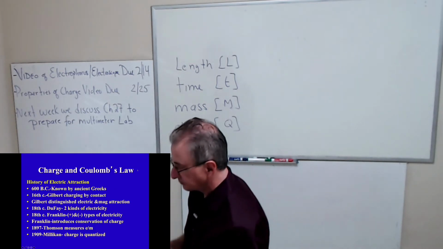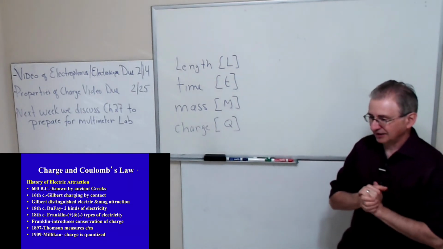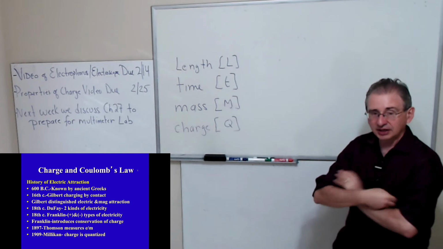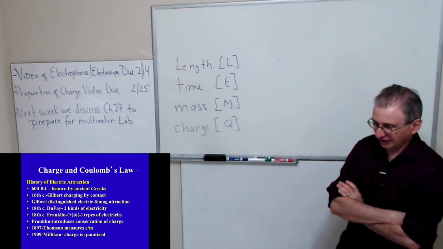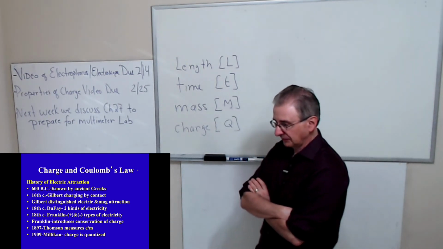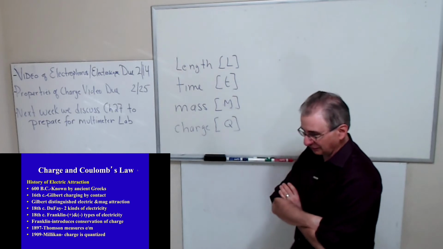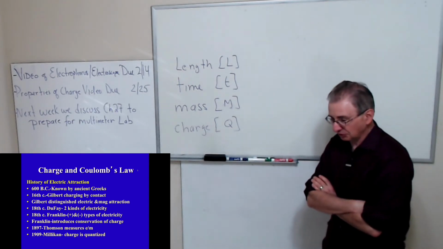So let me start by saying a couple of things about the history of electric attraction. I'm not going to go through it in detail, but I have there a little list of the history. Franklin, who's known for his work in politics, is also a scientist.